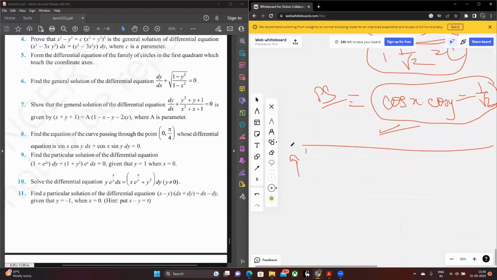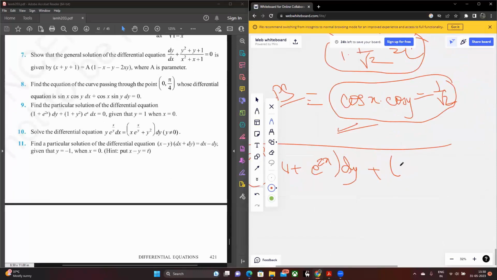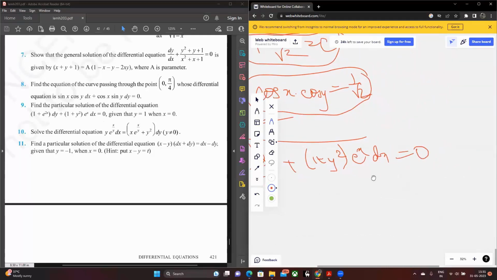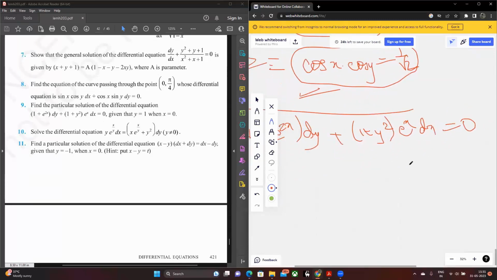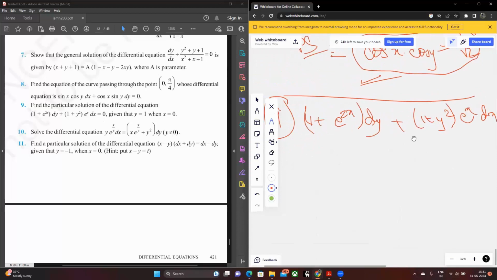Question number 9. Find the particular solution of the given differential equation (1 plus e power 2x) dy plus (1 plus y squared) e power x dx equaling 0, given the point (0, 1). This is again a variable separable form.